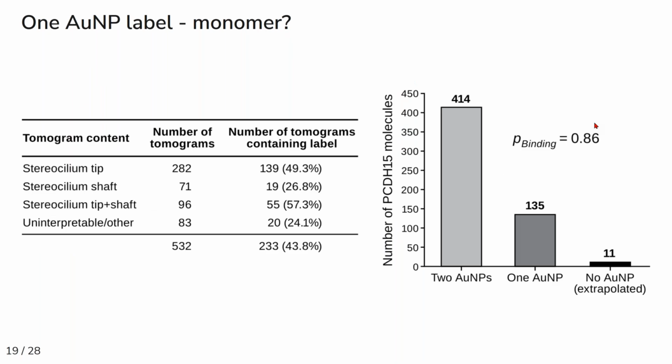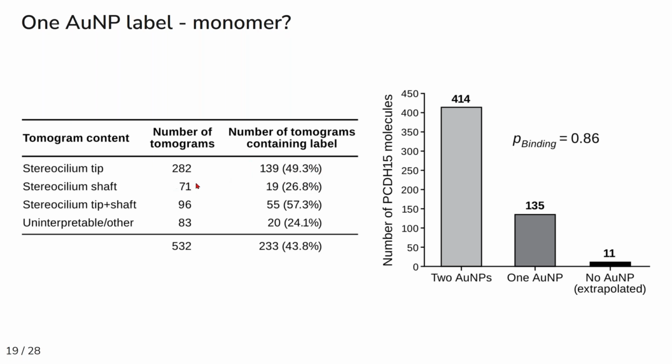So we then did a first tally of all the tomograms we have imaged to kind of get a better understanding of how well this labeling worked. So in total we looked at 532 tomograms, and of these 280 contained stereocilium tip, and in about half of them we could also see the gold nanoparticle label.